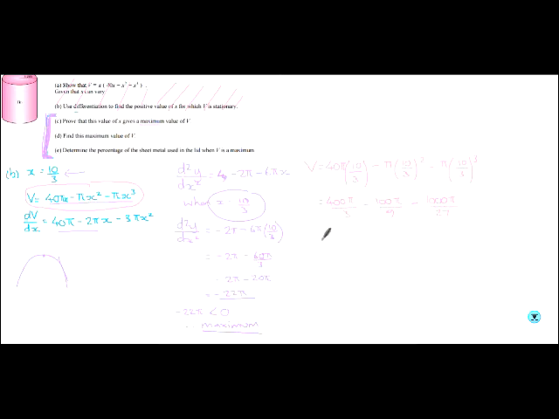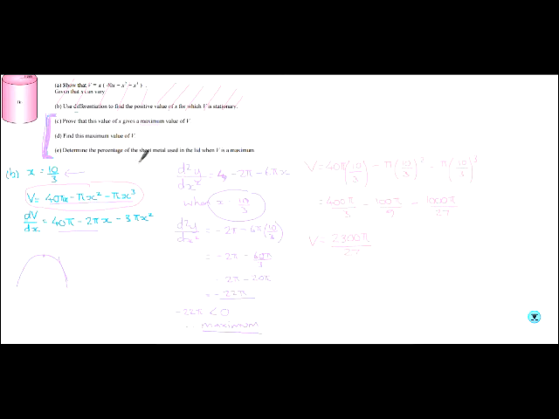You could pick up your calculator now and get the answer a little bit quicker, possibly. Less risk of making an error. But if you make them all over 27, you do eventually get this 2,300 pi over 27. So that's the volume.